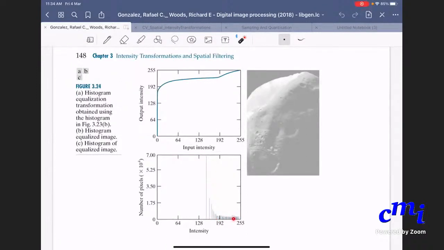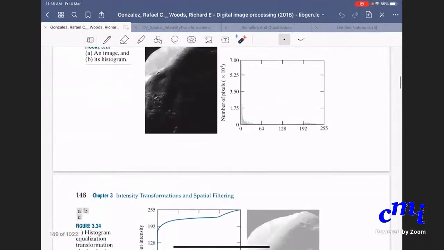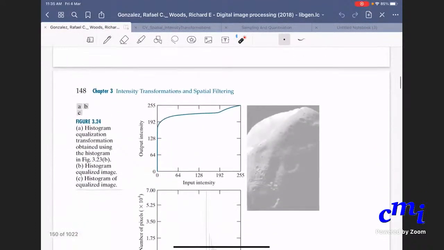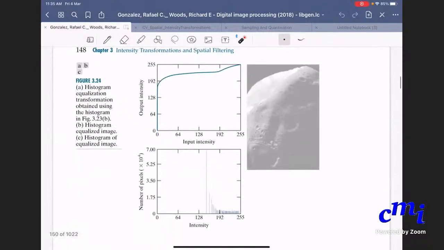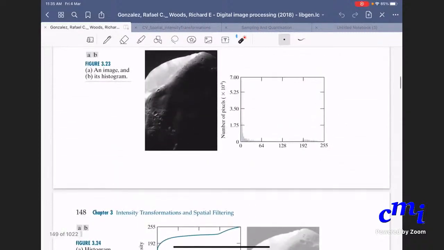Simply histogram equalization will result in an intensity profile like this, and the image will look like this. It looks sort of washed out, just whitened out. This is what histogram equalization does, and it's not a very pleasing effect. On the other hand, you look at the shape of the original histogram.